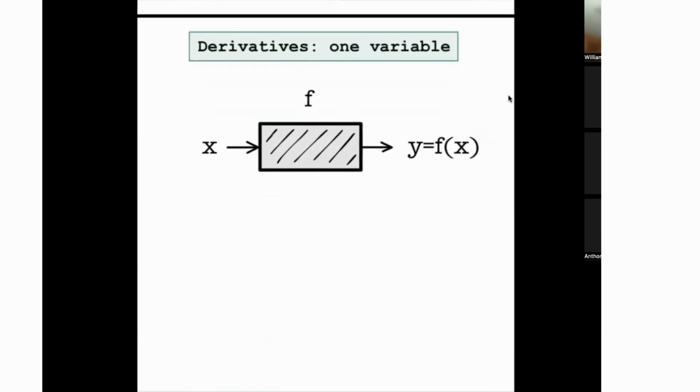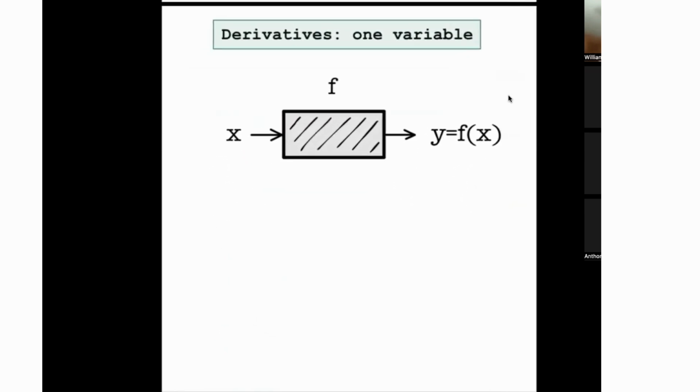Now, to understand derivatives of multivariable functions, let's start by taking a look at derivatives in one variable. I'll just remind you of the ideas that you saw in Calc 1. In Calculus 1, a function is usually a function of a single variable x.